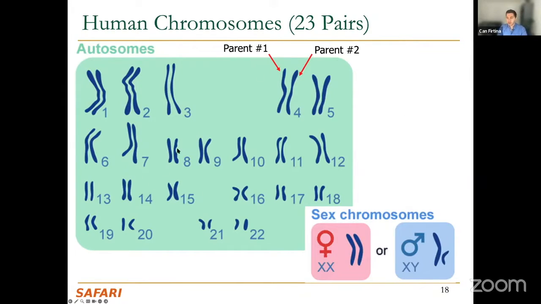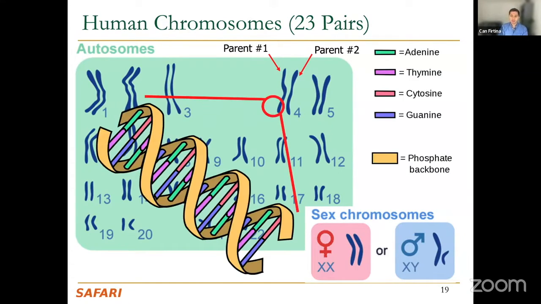The 22 chromosomes coming from each parent are autosomes, meaning they are not correlated with the sex chromosome. We also have a pair of chromosomes known as sex chromosomes, and these are not called autosomes. So this is, at a high level, the difference.